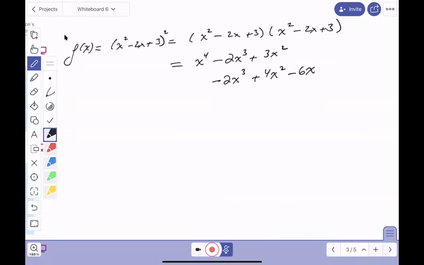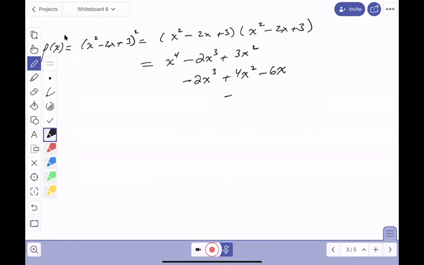Now I'm going to distribute the 3 across those three terms. What do you get? 3x squared minus 6x plus 9. Now I have to combine the terms together. What do you get? X to the fourth minus 4x cubed plus 10x squared minus 12x plus 9.